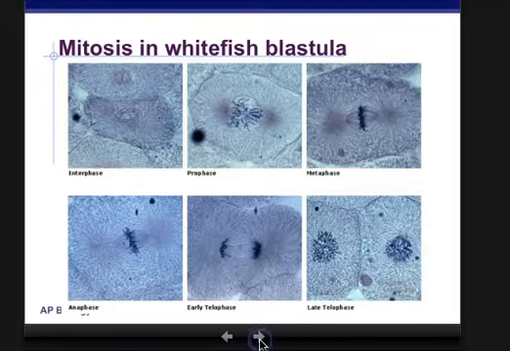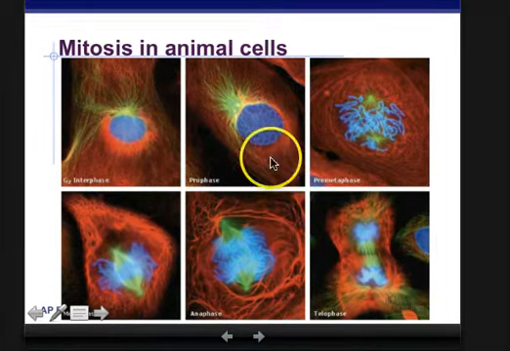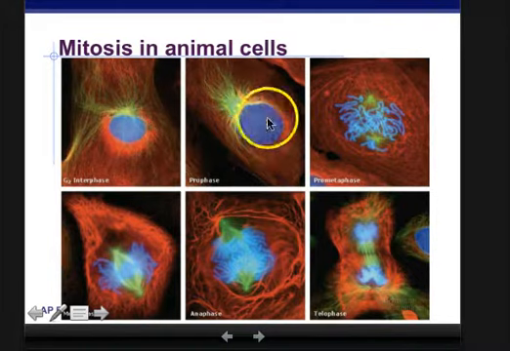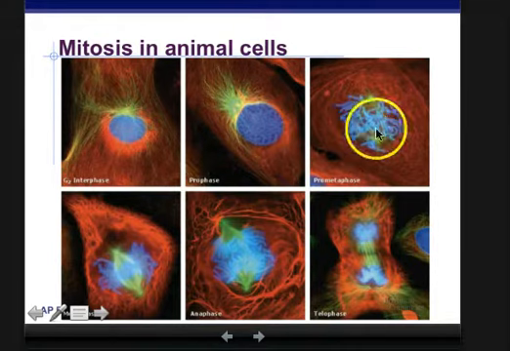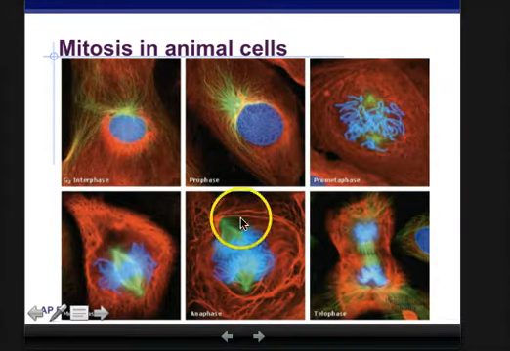And here's cells that have been dyed with fluorescence. Really cool looking. So here's interphase. We can't see the DNA or the chromosomes at all. Here we have the condensing chromosomes. The nuclear membrane starts breaking down. Between prophase and metaphase, here we see the super condensed chromosomes.